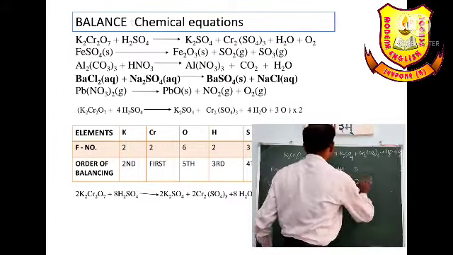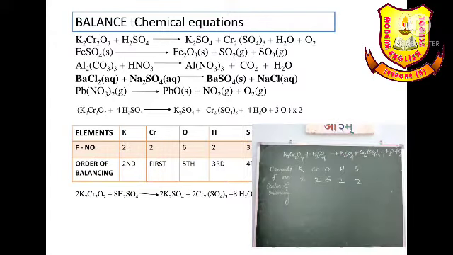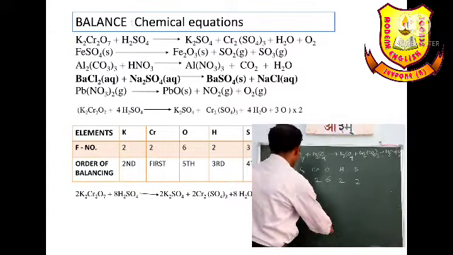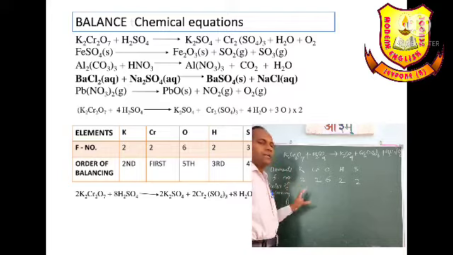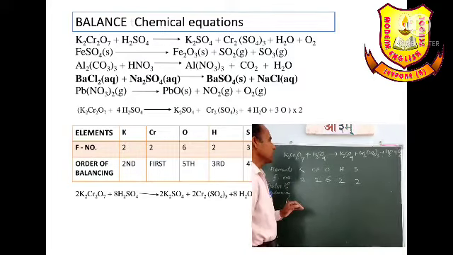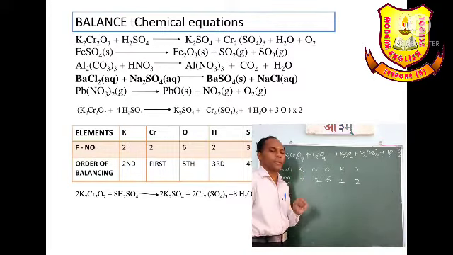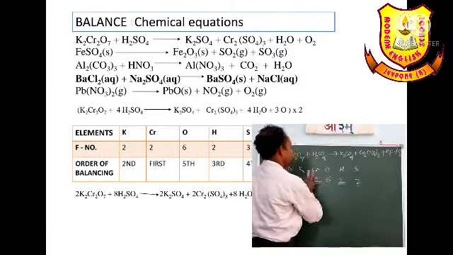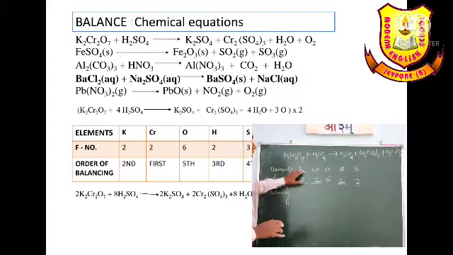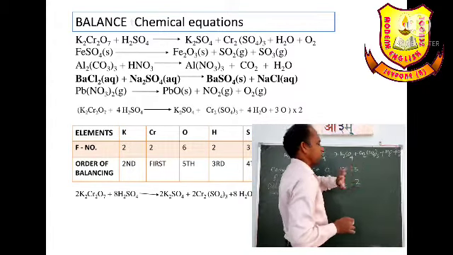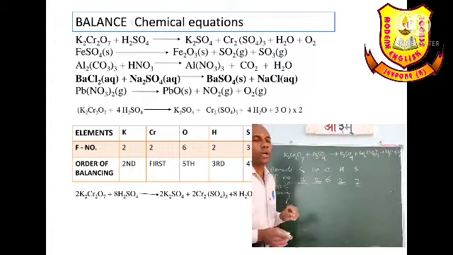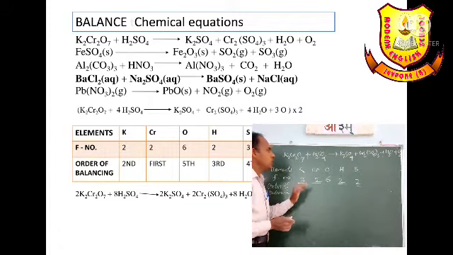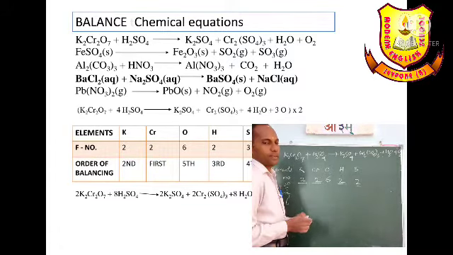2. Now the order of balancing. We have to balance the element which has the least F number, but we have 4 elements with 2: potassium, chromium, hydrogen, sulfur. So which one will be balanced first? Metals first.